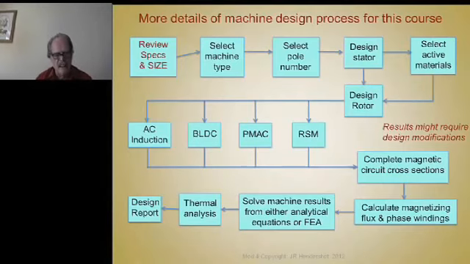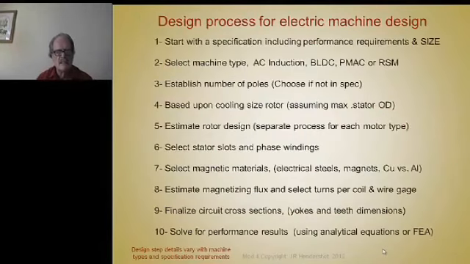So you really have to calibrate any lumped parameter or FEA thermal analysis against the machines that you have some data on. And finally, you write a report on all this stuff.